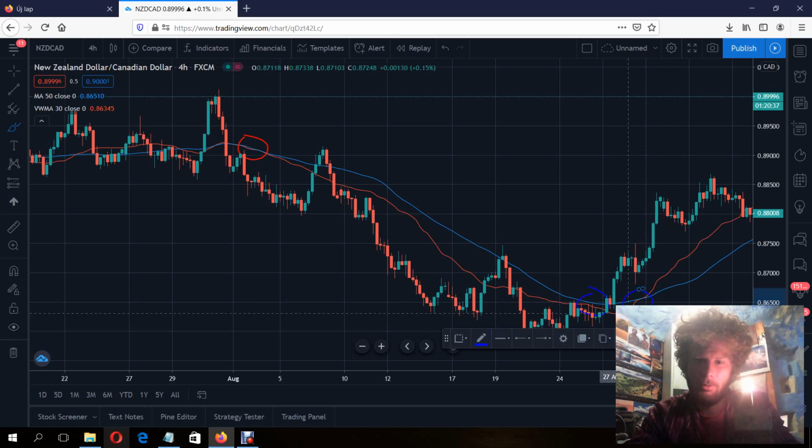But this is a full cross where the volume weighted moving average crossed above the simple one. So actually that is a more safe exit if you want to let the trade reach its potential.